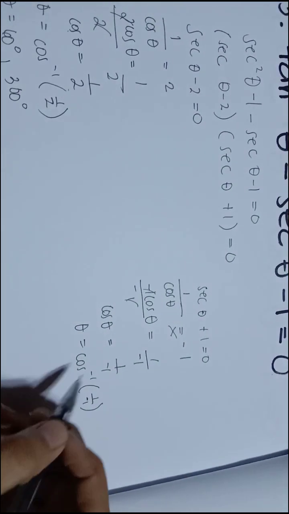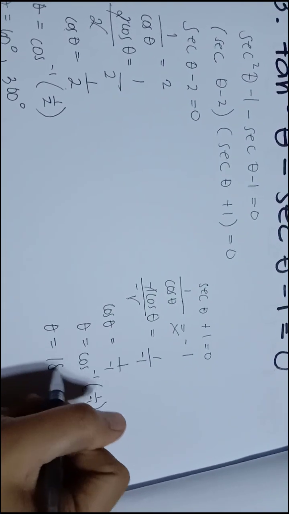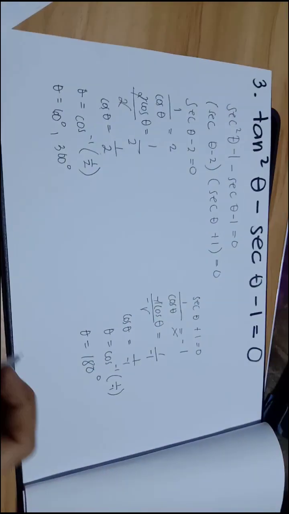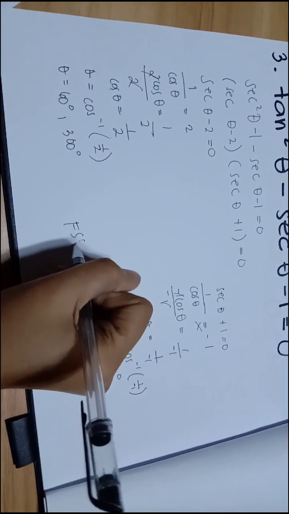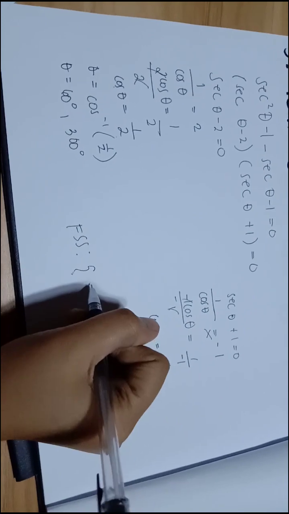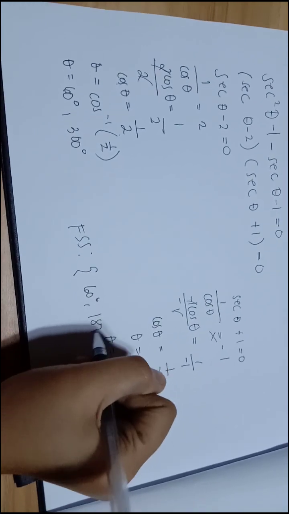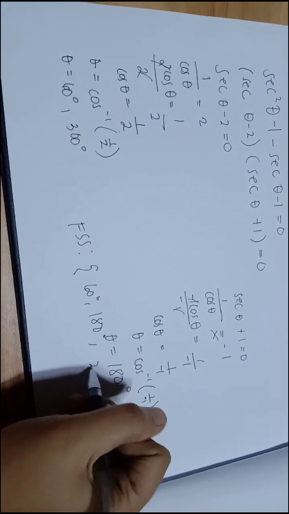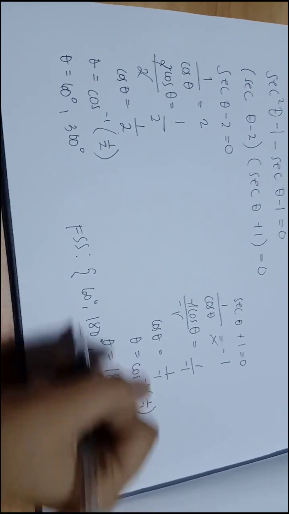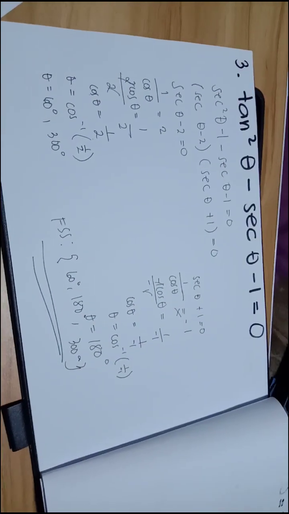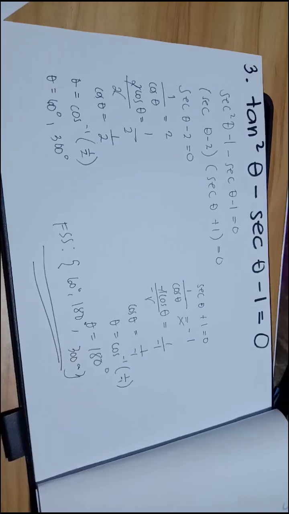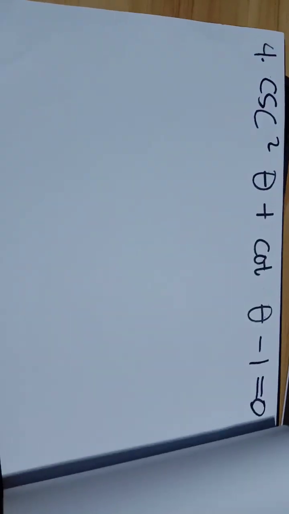Okay, our theta now is equal to 180 degrees. So our fundamental set of solutions are 60 degrees, 180 degrees, and 300 degrees. Okay, understood? Let's have another example.